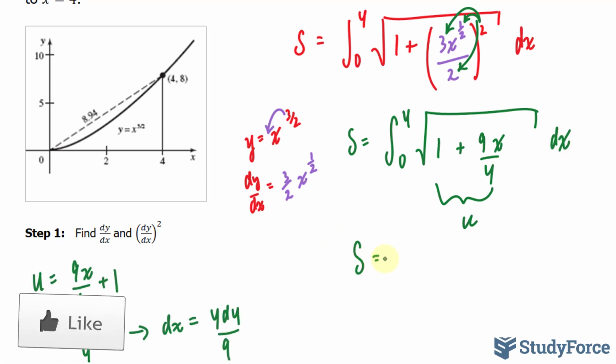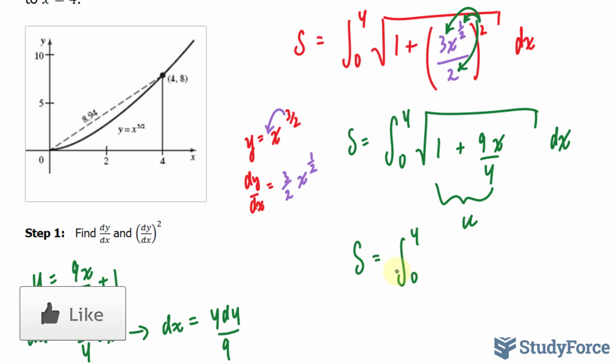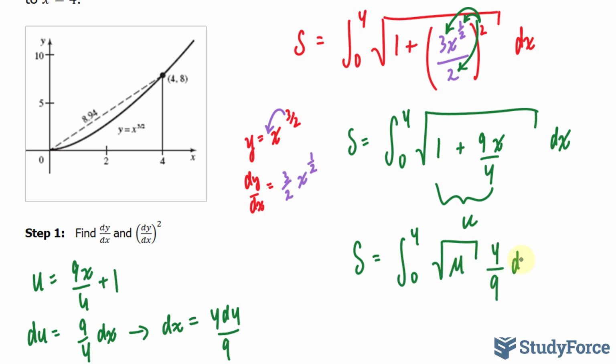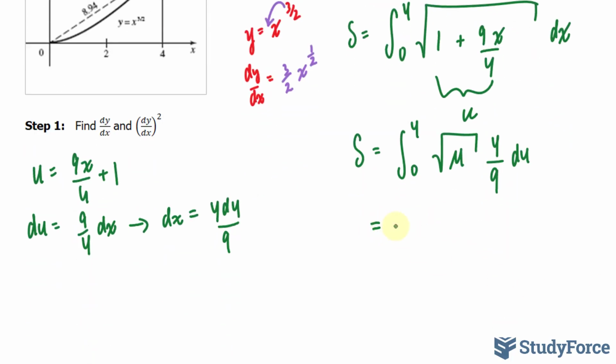We get s is equal to the integral between 0 and 4 once again, the square root of u, 4 over 9 du. Bring this 4 over 9 outside. We don't need to integrate that. 4 over 9, and the integral of the square root of u.